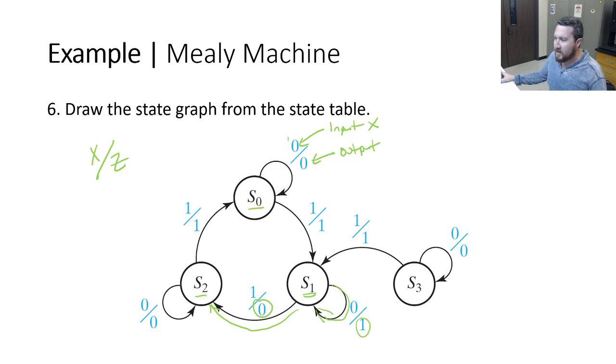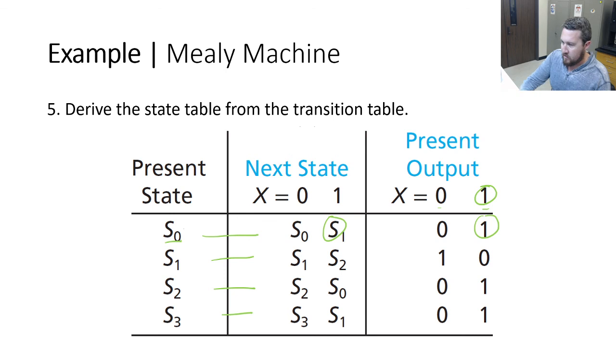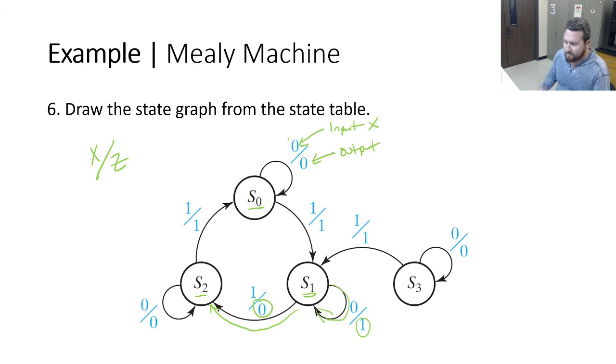We also don't seem to be able to get to state 3 ever, right? In fact, if we go back and look at the table, if we're not already at state 3, there's actually no way to get to state 3. That's kind of a peculiar example, but there are reasons for that.